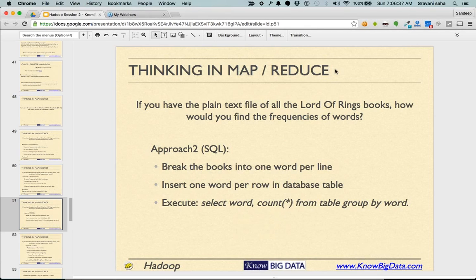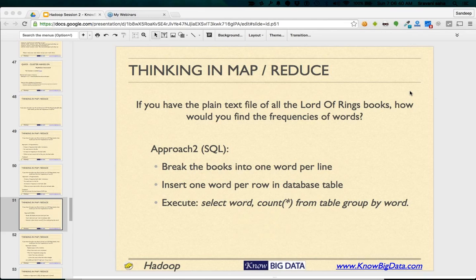So the approach would be to break the text such that it becomes one word per line, then insert the word into one row in the database, and then once we have one column and one word per row, we say select word comma count star from the table and group it by the word. Does it make sense? Do you think this will work?